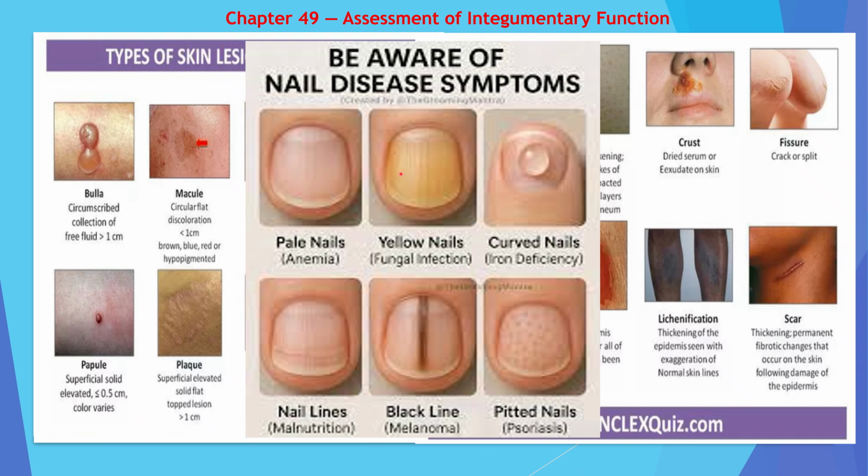And of course the nails: pale, like very fine, anemia; the yellow, which is fungal; the lines here, it's the myeloma. This is pitted nails. I have never seen this in a patient.